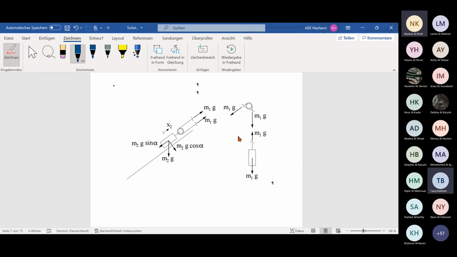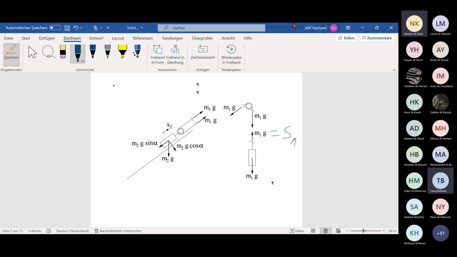When we cut, we look at the equilibrium. With this force, M1 multiplied by G, there is the force I call S1.